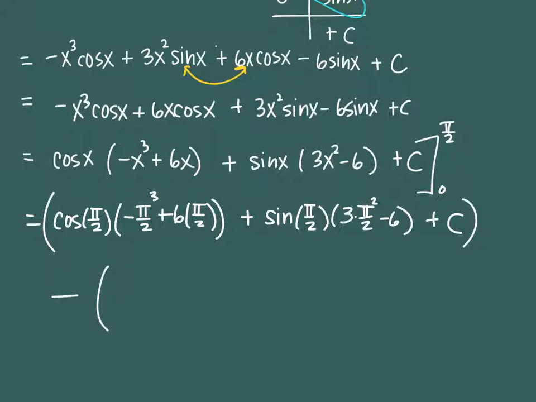minus, then you plug in 0. Well, cosine of 0 is 1, and then 0 cubed and 6 times 0, so all that's going to be gone. The sine of 0 is 0, so all of that's going to be gone.